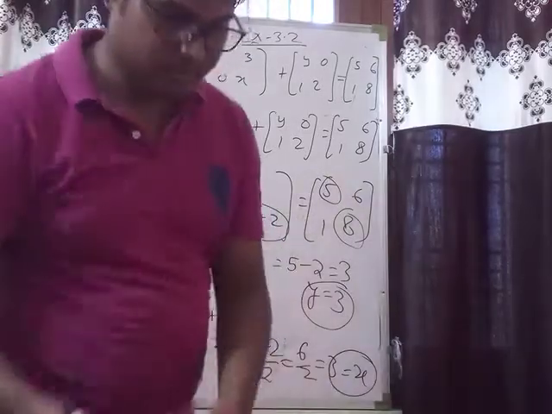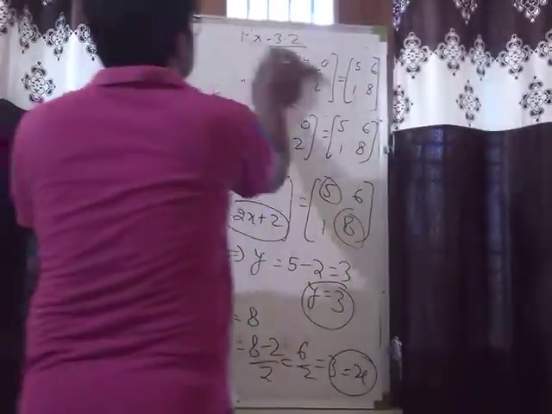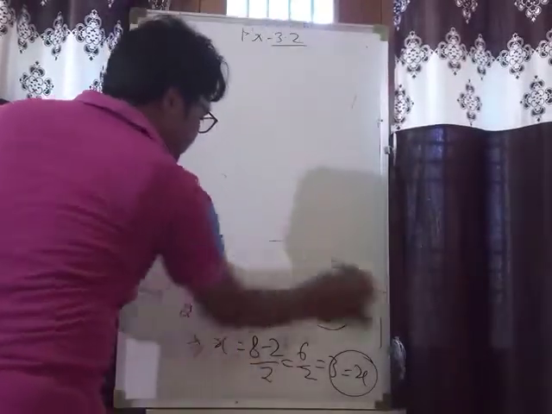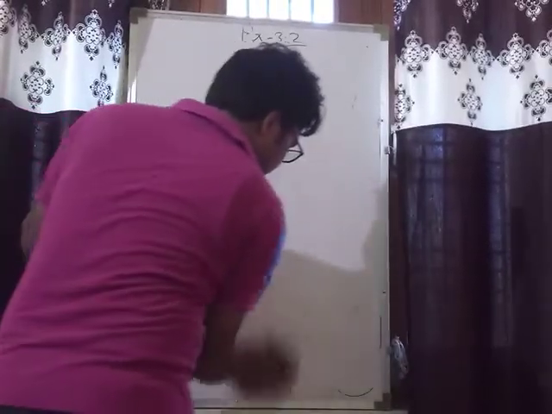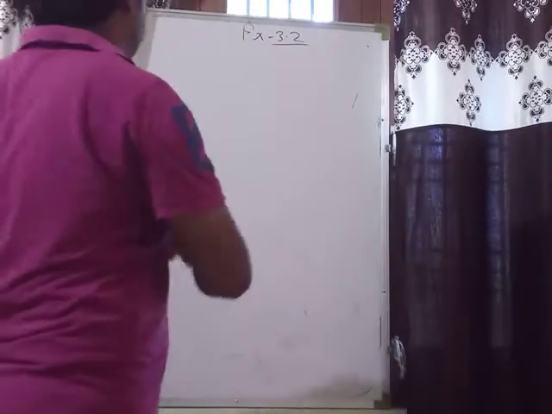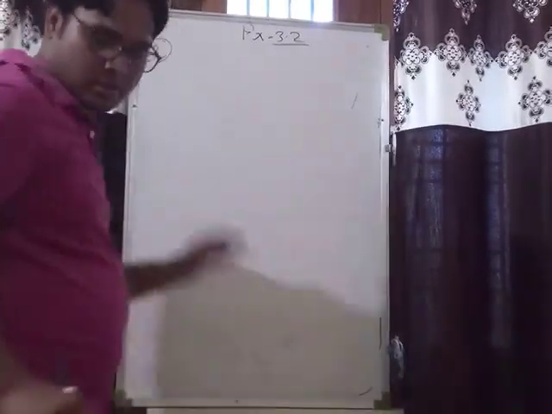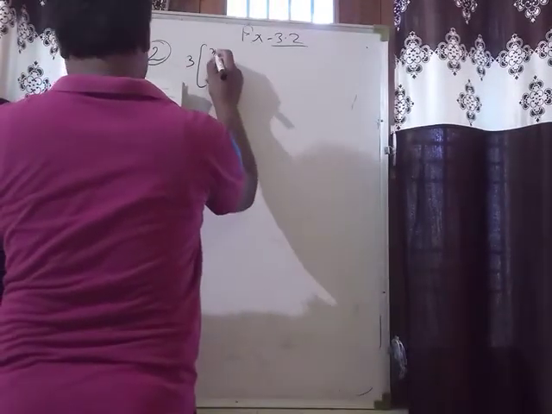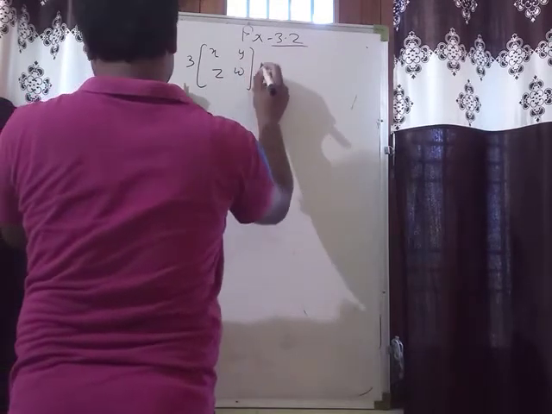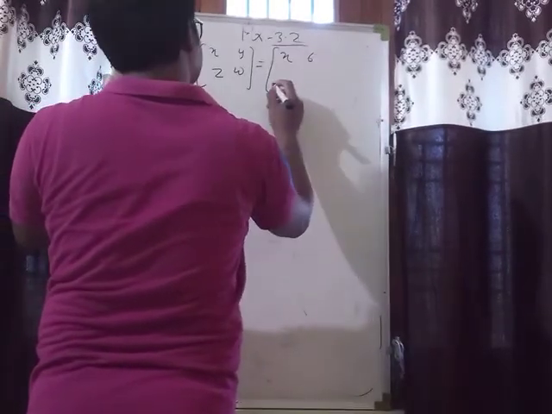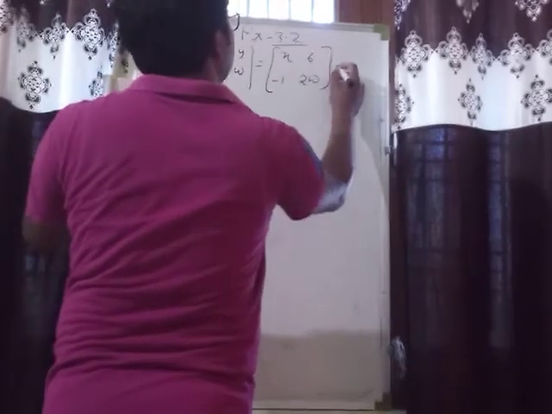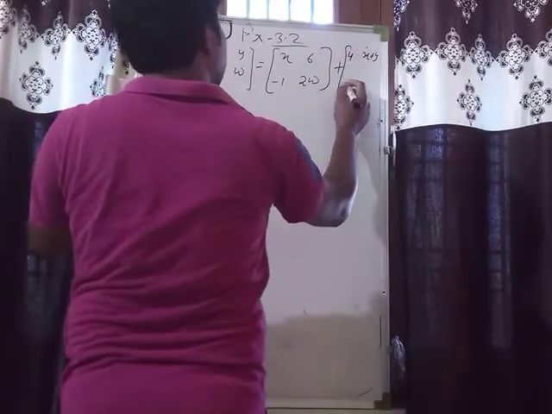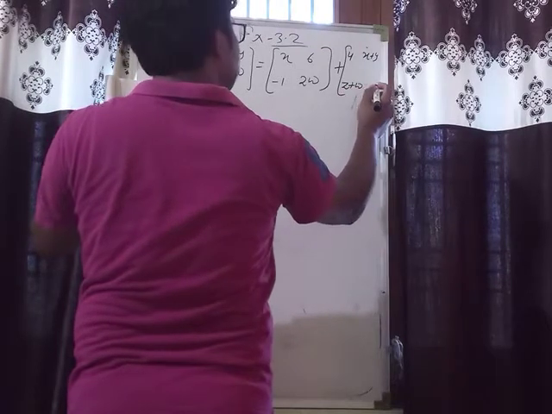Now question number 12. Question number 12 is: given 3 times the matrix [x y; z w] equal to [x 6; -1 2w] plus [4 x+y; z+w 3].